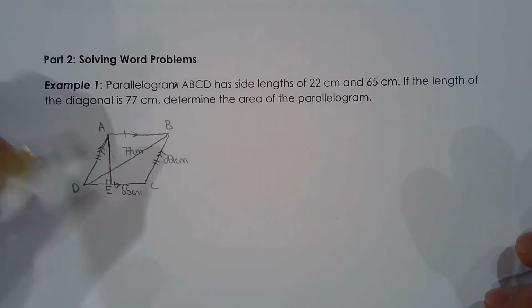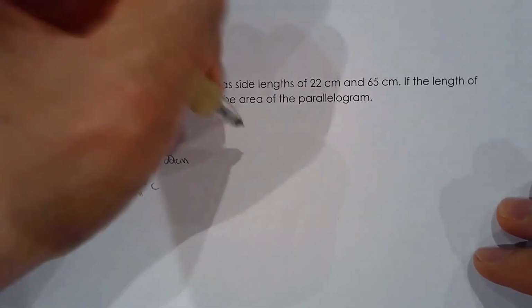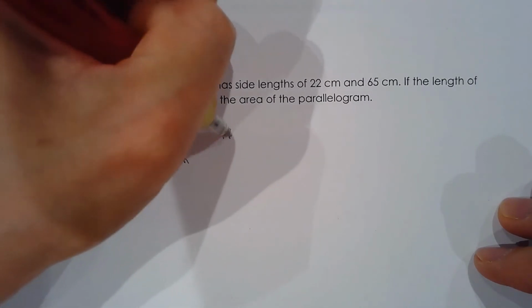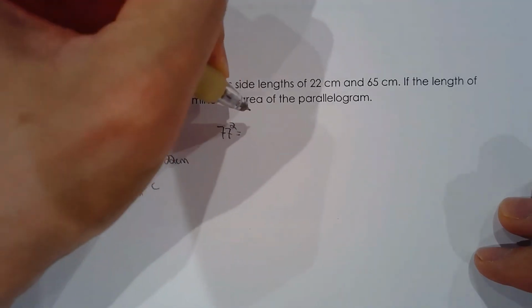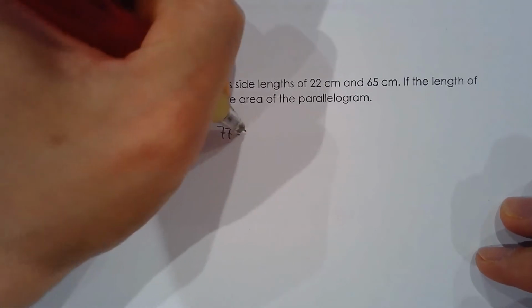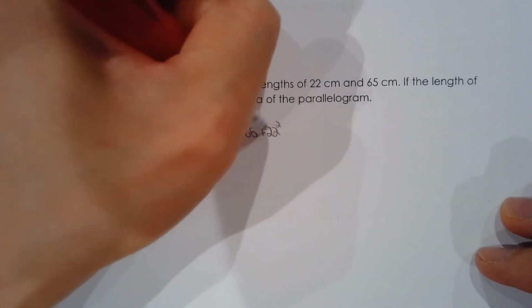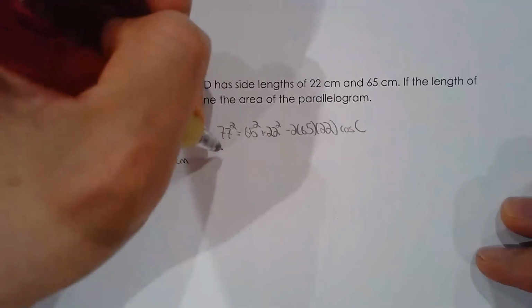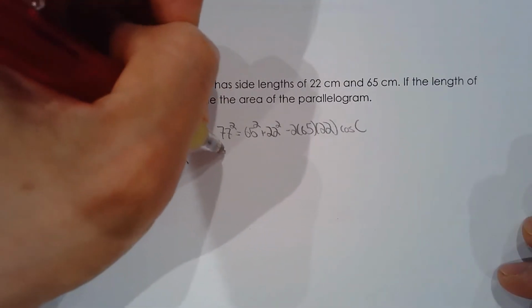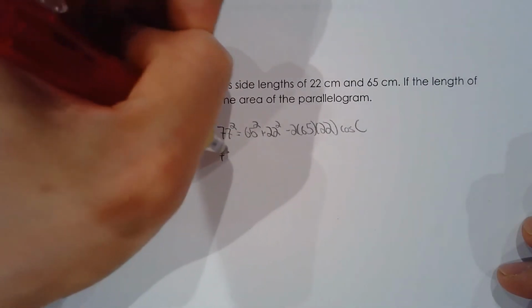So I'm going to solve for angle C. So we have 77 squared equals 65 squared. So we're using cosine law because side, side, side. All right, so here I'm just going to rearrange everything.